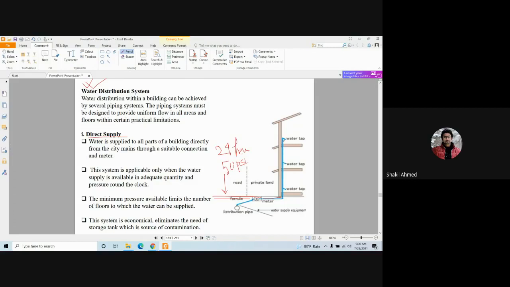This is the ground floor, 1, 2 stories. 50 psi is sufficient. Then do you need a motor or a pump here? You don't need a pump because you already have enough pressure given by Dhaka Wasa. So the water will directly be lifted by this pressure. And this is 24-hour service. So this is direct supply. You don't need an underground water reservoir or a rooftop water tank. You're just directly supplying them.